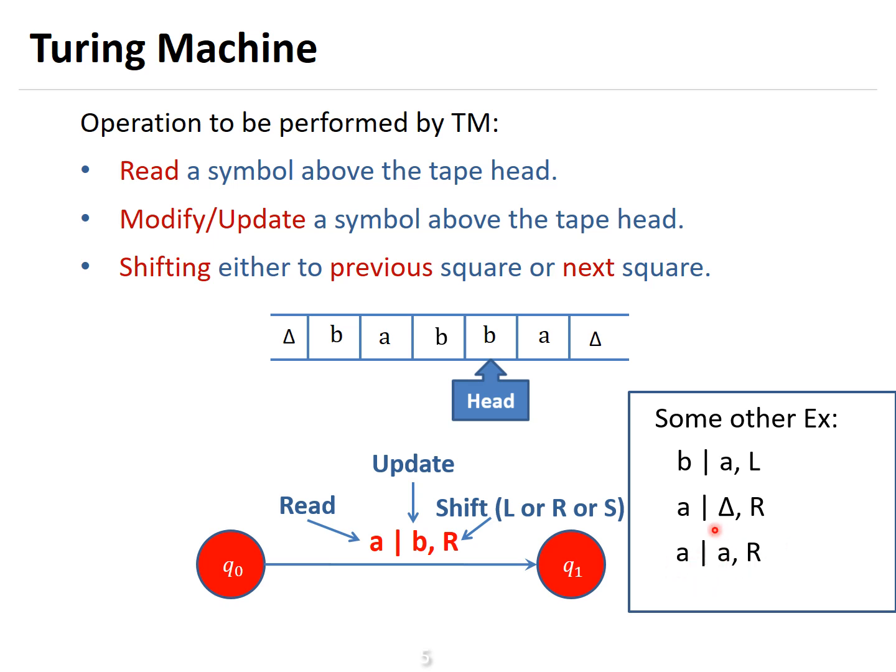Another operation will be like this: read A, replace it with the same symbol A, and move one step to the right. That means there is no change; we retain A. And another one: read A, replace it by capital A and stop.